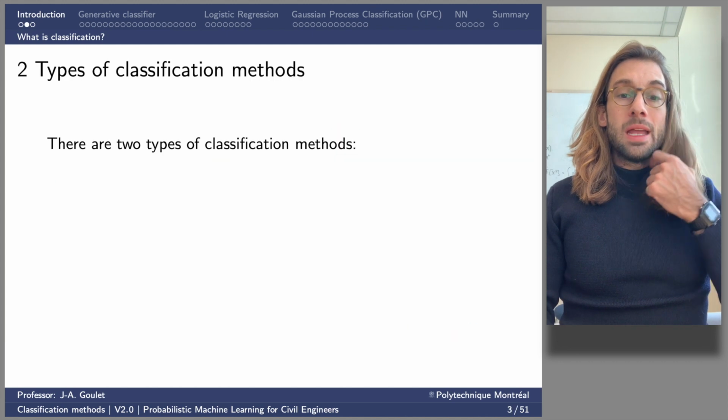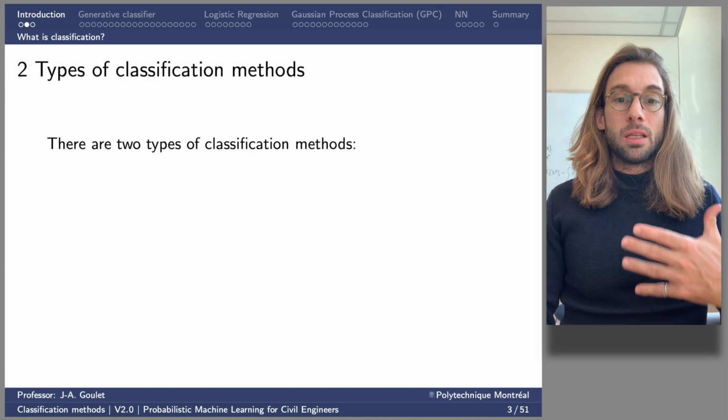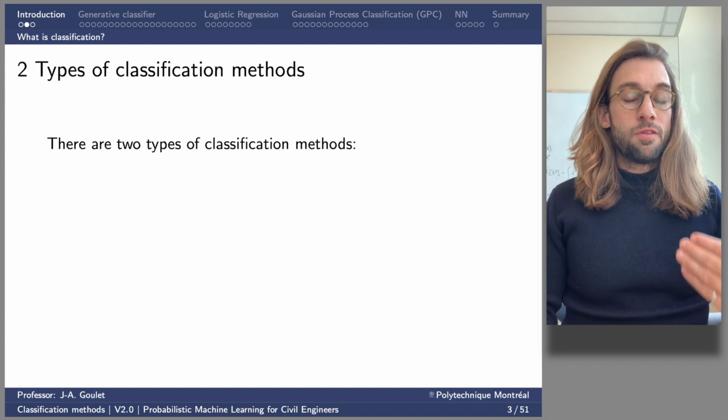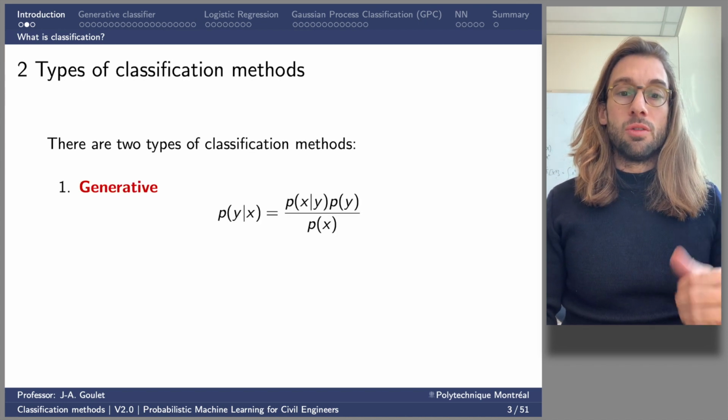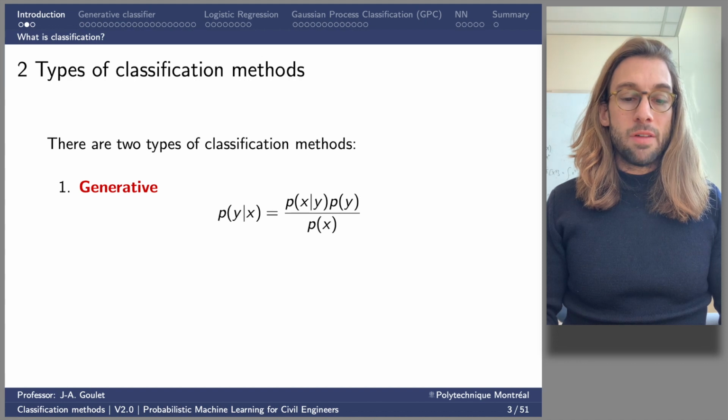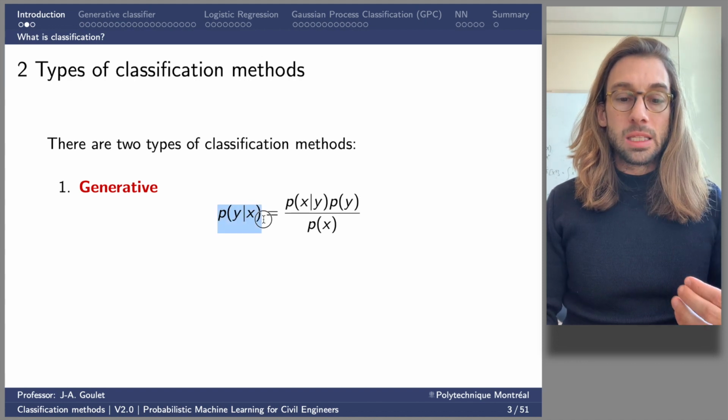So there are 2 main types of classification approaches. The first one is what we call the generative approach. What we want is to model that conditional probability of a class based on the Bayes rule.